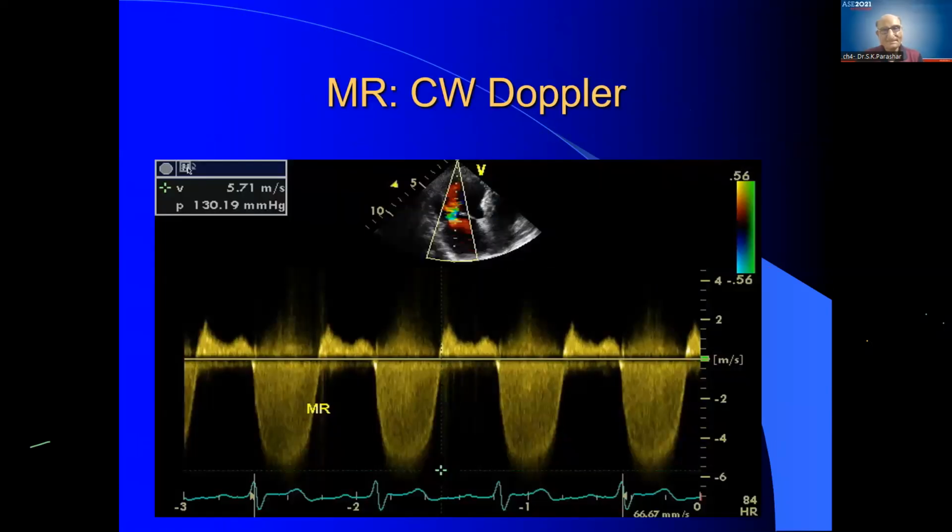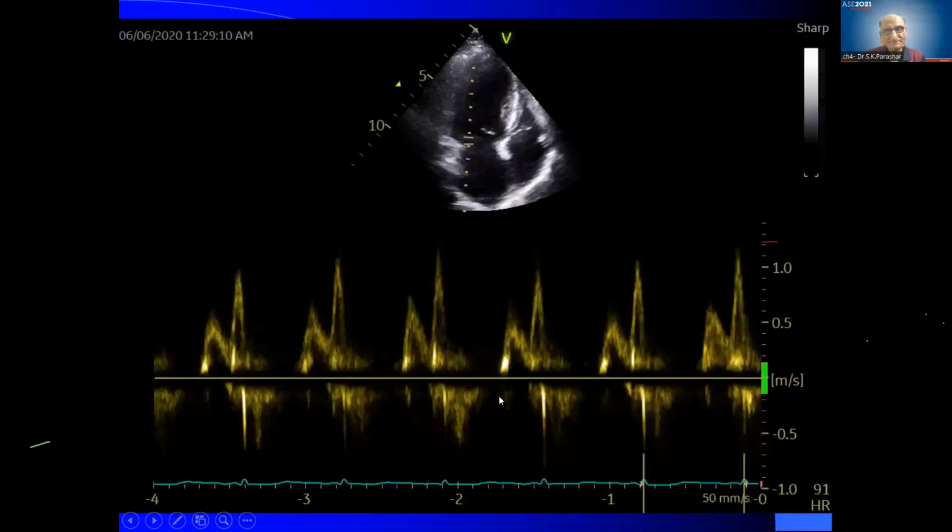Now you see, this MR is from the mitral valve. The MR goes into the LA, or not? Yes, sir. So now it is going away from the transducer. The transducer is always pointing from above downwards. So it is going away from the transducer, so it is negative.